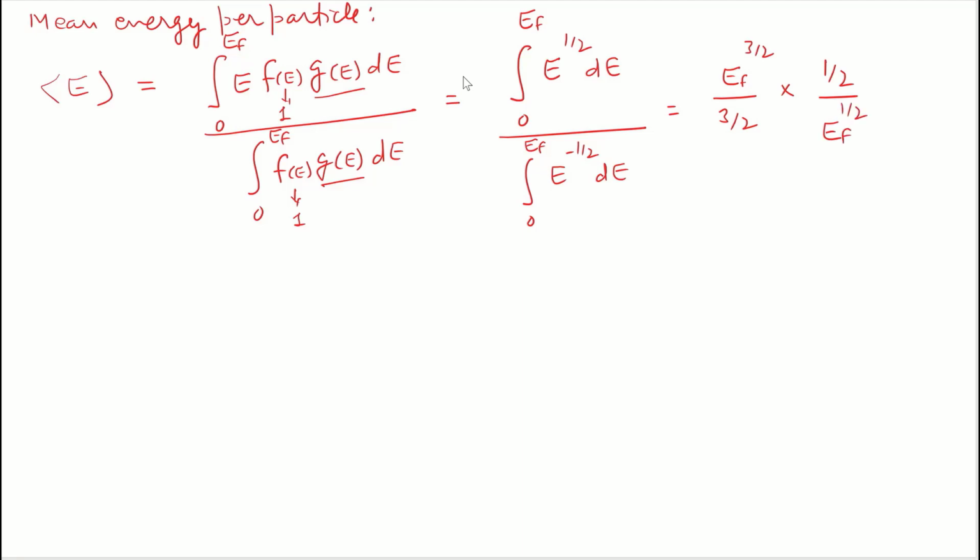Some terms cancel, and ultimately we are left with EF divided by 3. So the mean energy per particle is 1 by 3 of the Fermi energy. That's the final result.